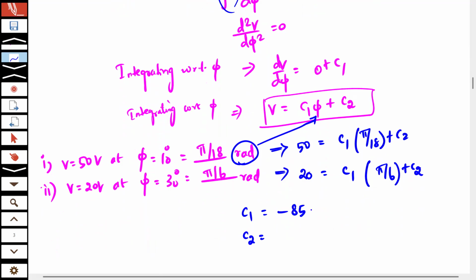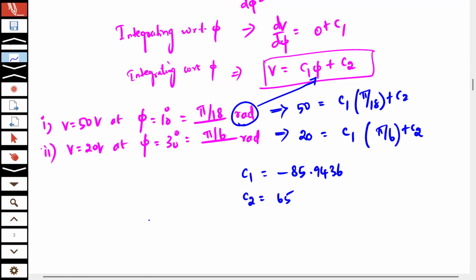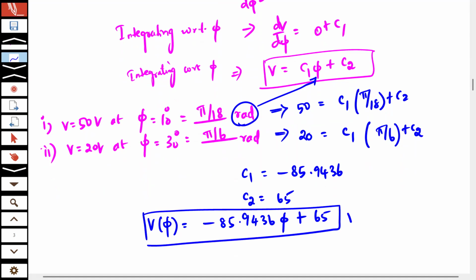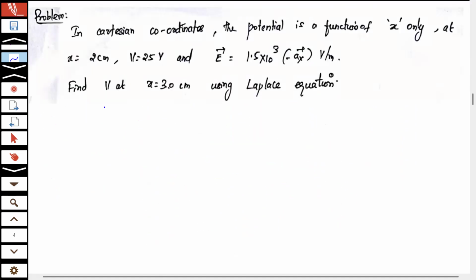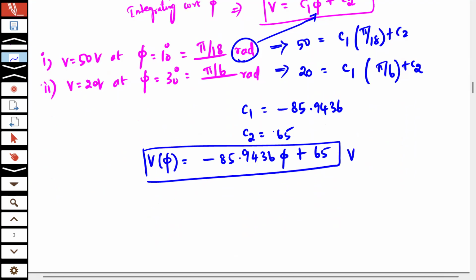C1 is minus 85.9436 and C2 is 65. Applying these two, you will get the potential function V, which is a function of phi, as minus 85.9436 phi plus 65. So this is V, and the unit of V is volts. Next, we should find what is electric field intensity.